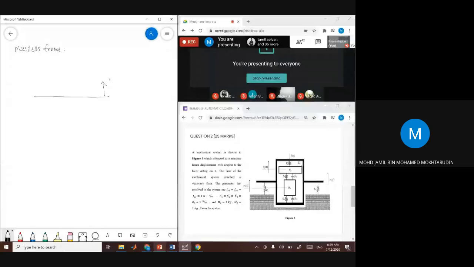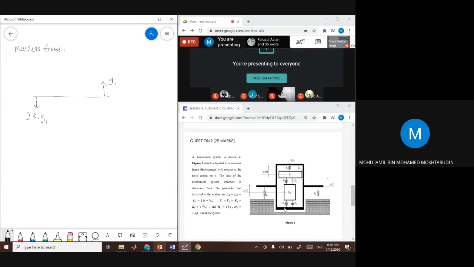The massless frame is connected with a spring K1 and K1 here, so two springs K1. Since Y1 is acting upward, the force by spring K1 will be downward. So 2 K1 Y1. And then there is a spring K2 here connected to the massless frame and spring K4.